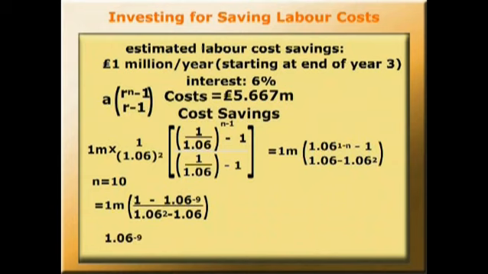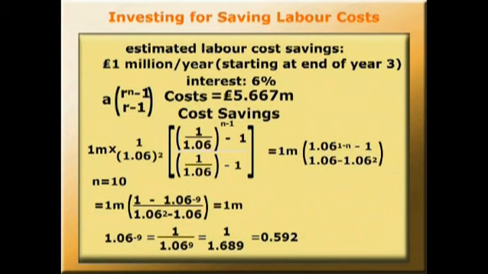1.06 to the minus 9 equals 1 over 1.06 to the 9, which is 1 over 1.689, which is 0.592.